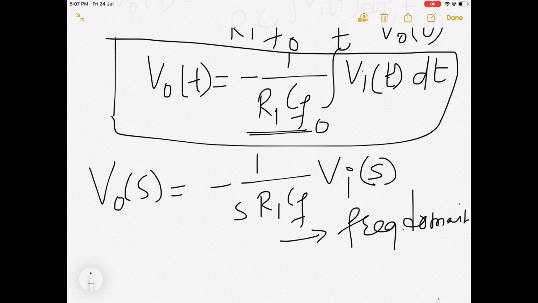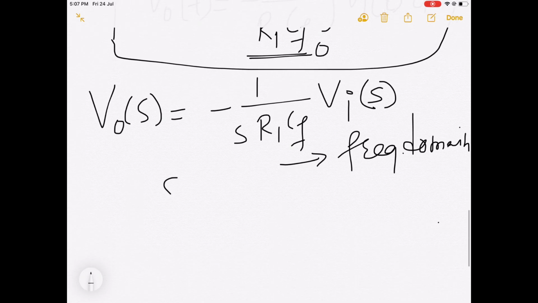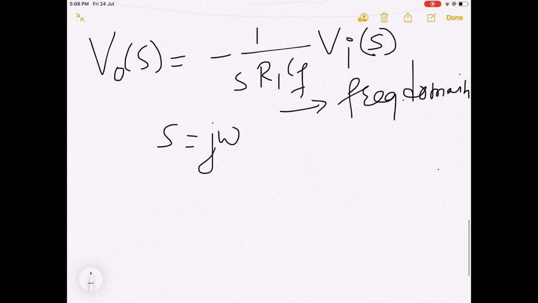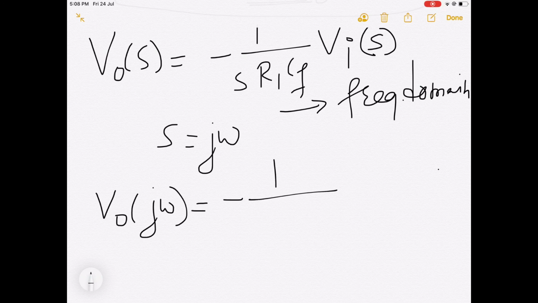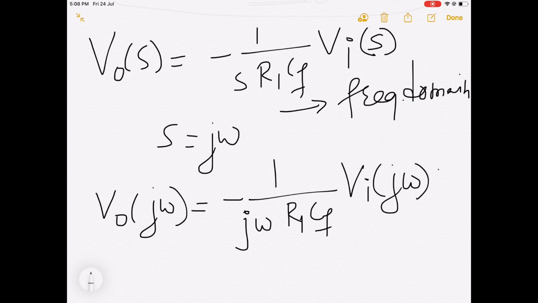So what is s? We can put s as j omega in steady state. Okay. So Vo of j omega is equal to minus 1 upon j omega R1 Cf Vi of j omega.